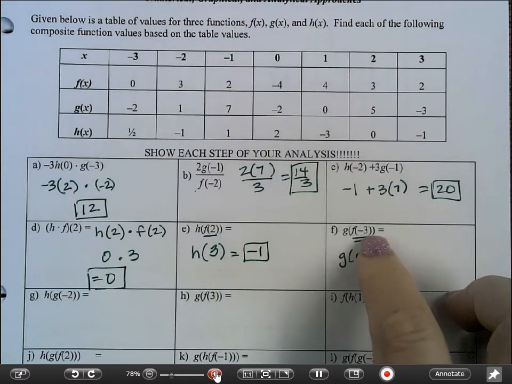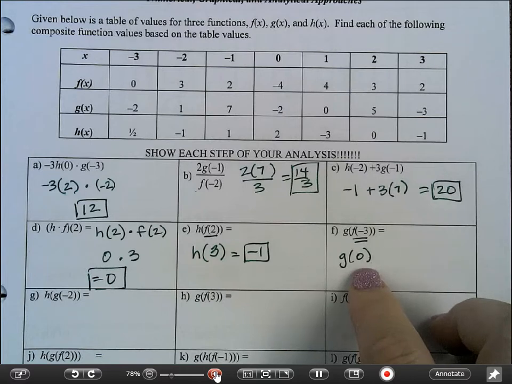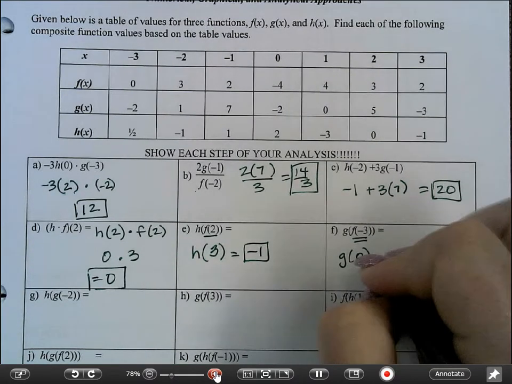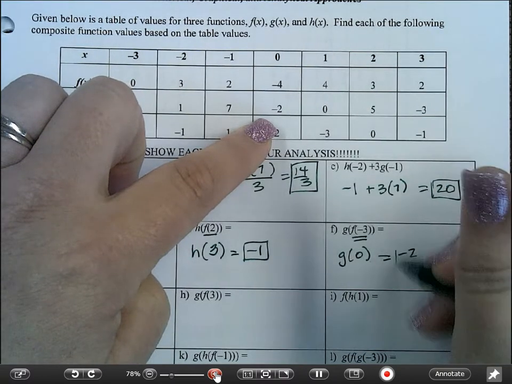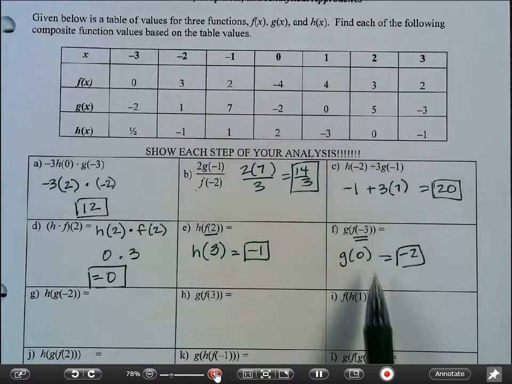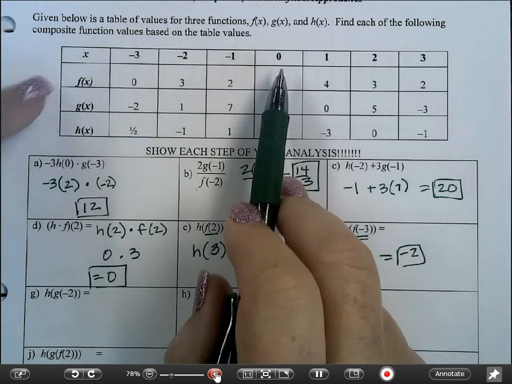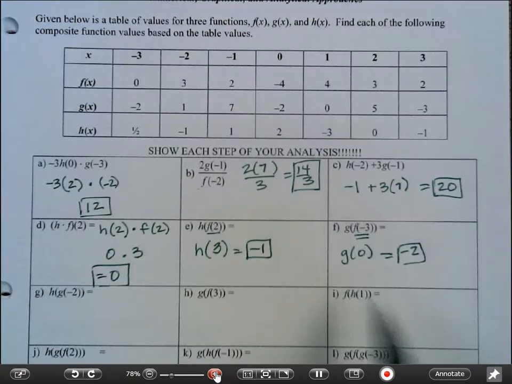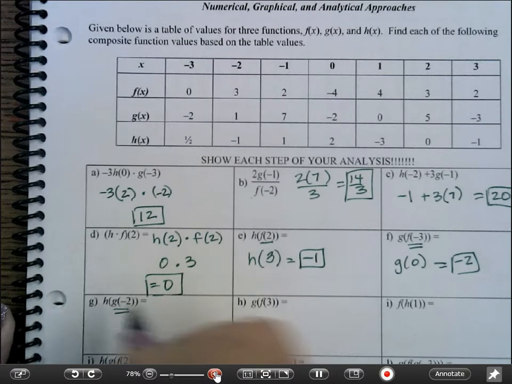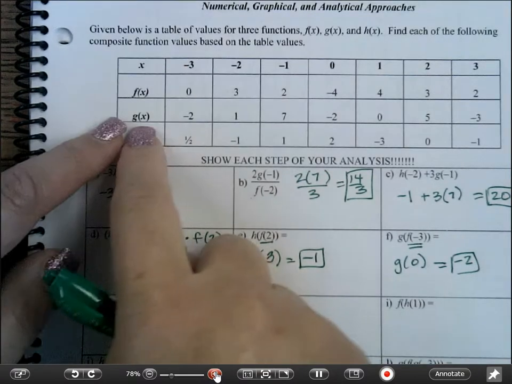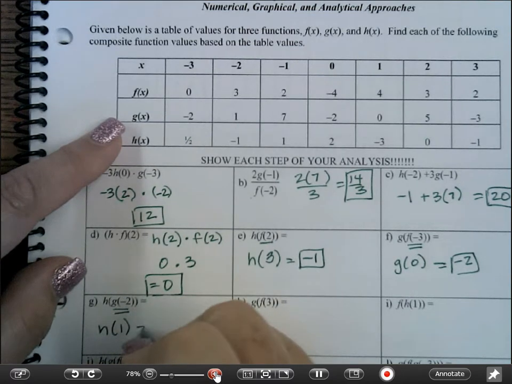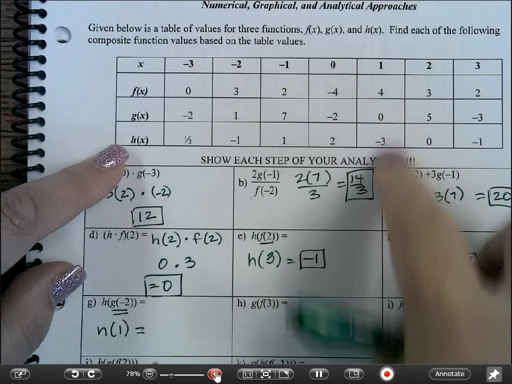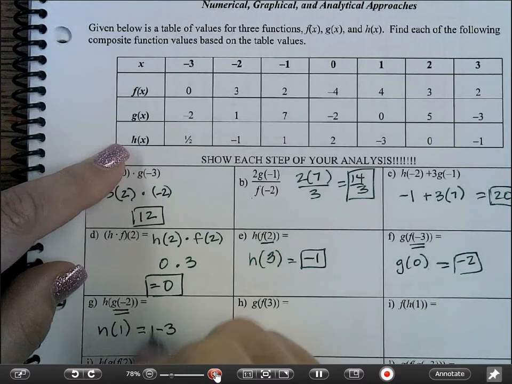We do the inner function first, and then g of 0 is going to be negative 2. Again, you're looking at the x value and then whichever function they indicate. So g of negative 2, so g when x is negative 2 is 1. So we end up with h of 1, and h of 1 is negative 3.